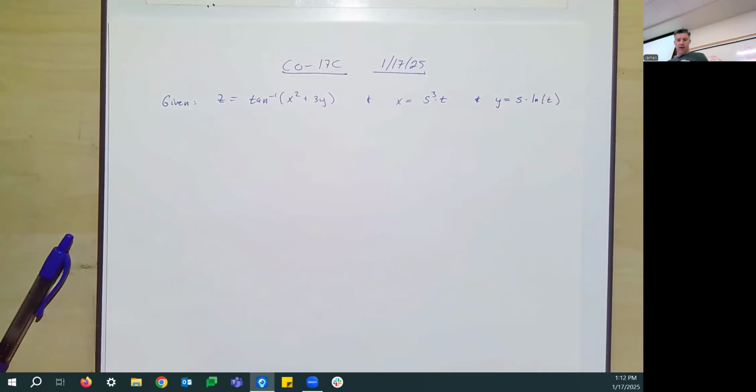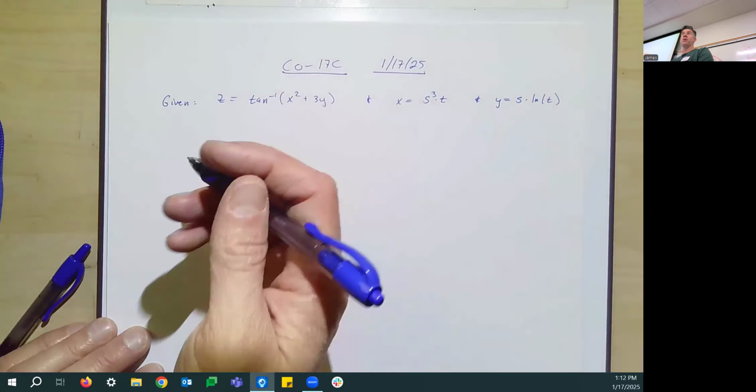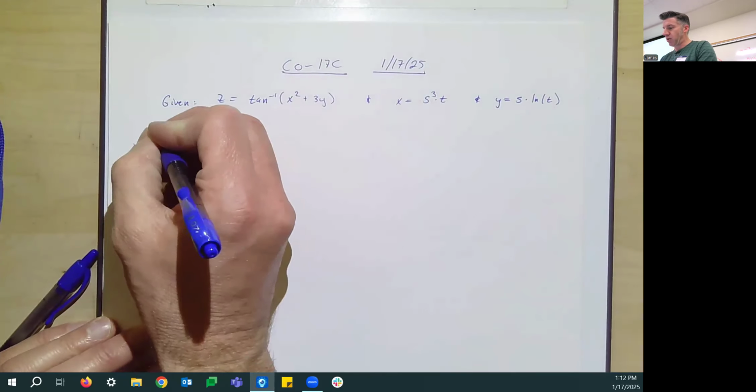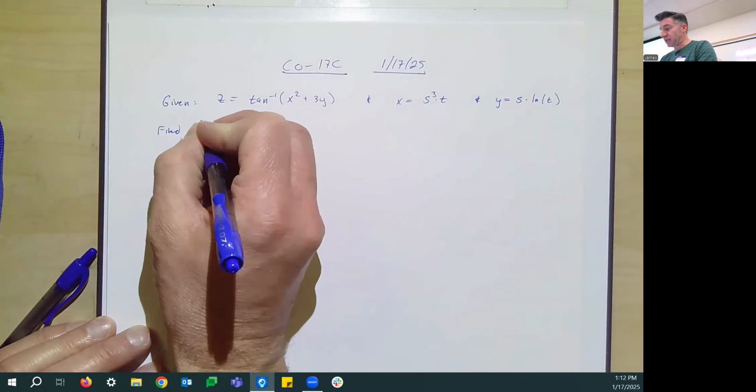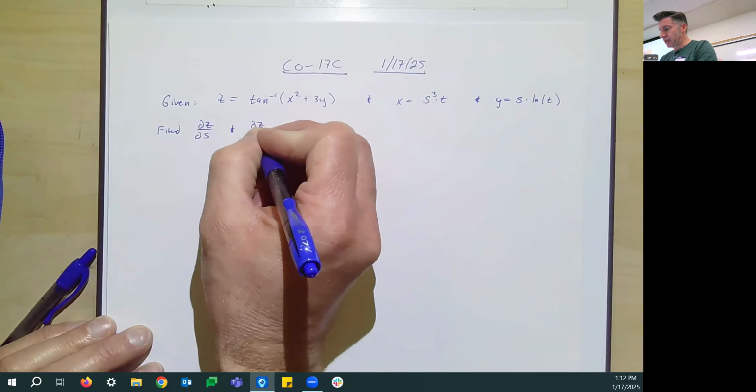We're going to find all the partials of z with respect to the lowest level variables. In other words, we're going to find both del z del s and del z del t.